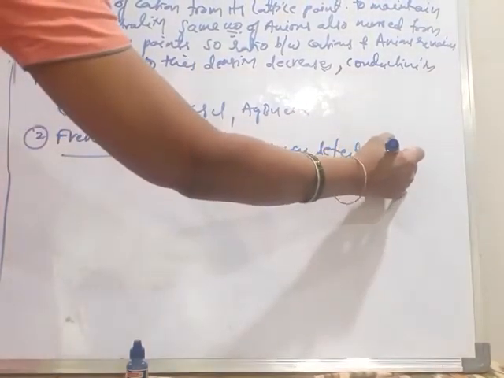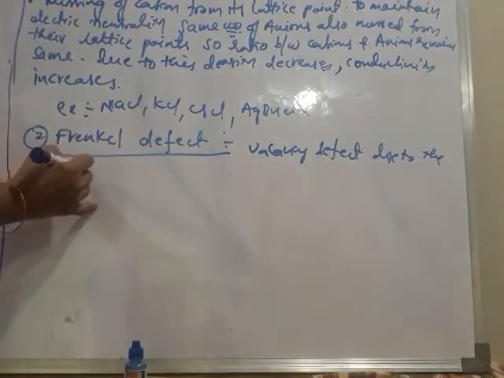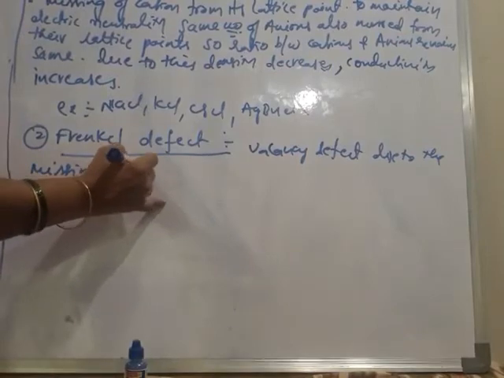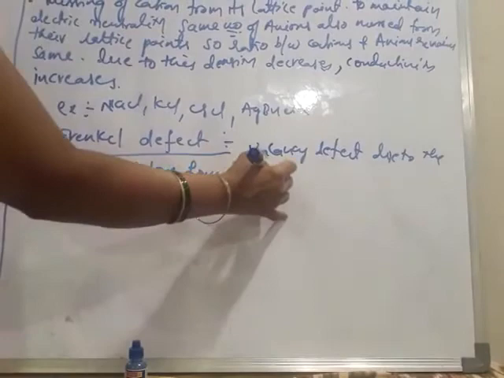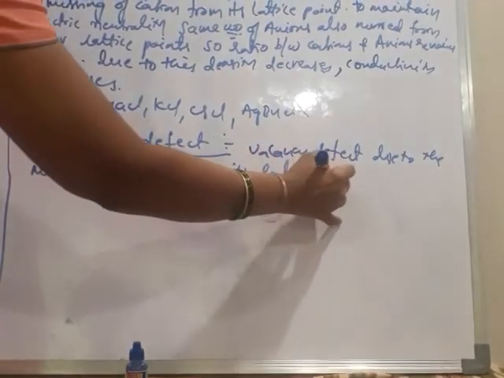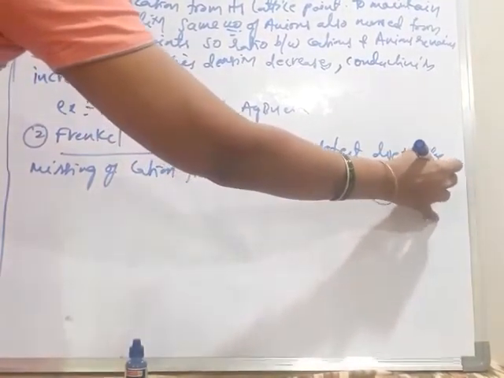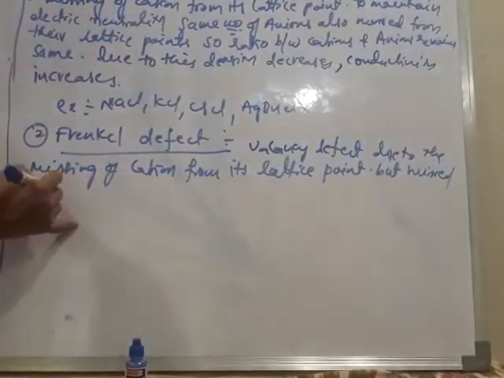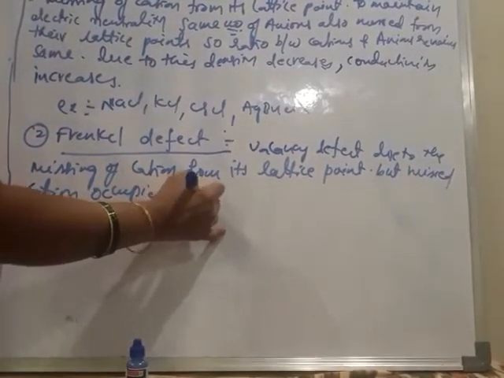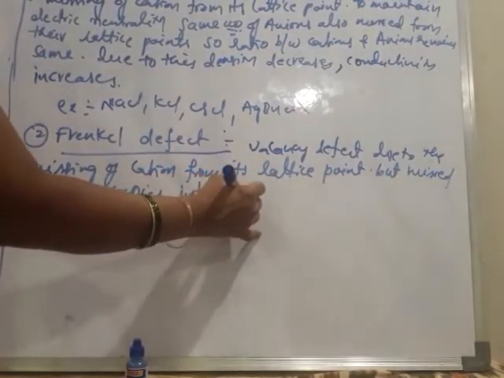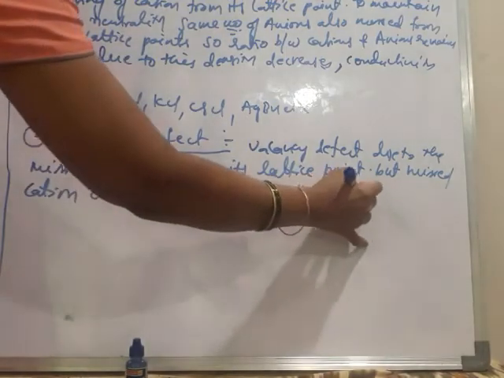So this is also a vacancy defect due to the missing of cation from its lattice point. But the missed cation occupies an interstitial position within the crystal.